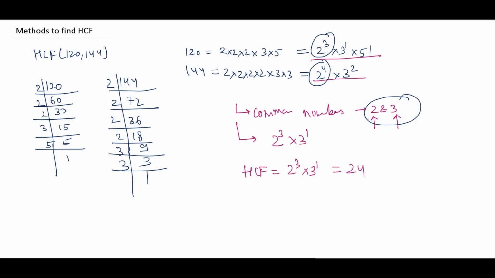Again, in this case, we have two different powers, 3 to the power 1 and 3 to the power 2. So we'll take 3 to the power 1. So our HCF would be 24. So this is how we find HCF by the prime factorization method. For division, do it on your own and check whether you are getting 24 or not.